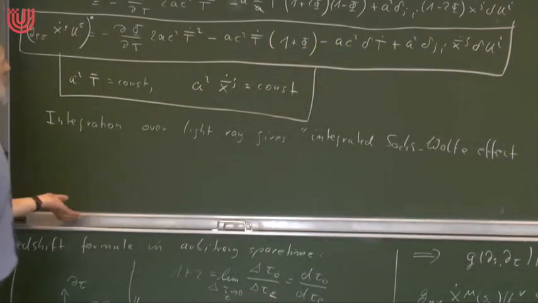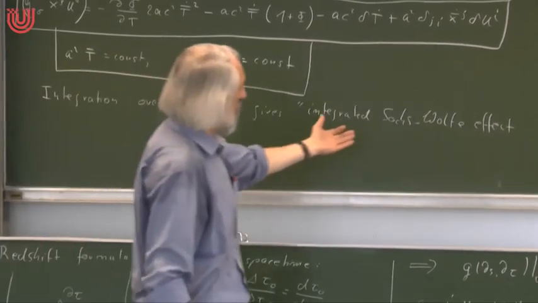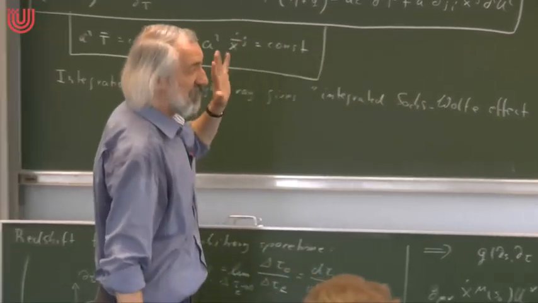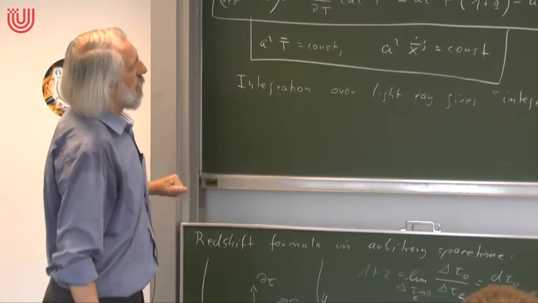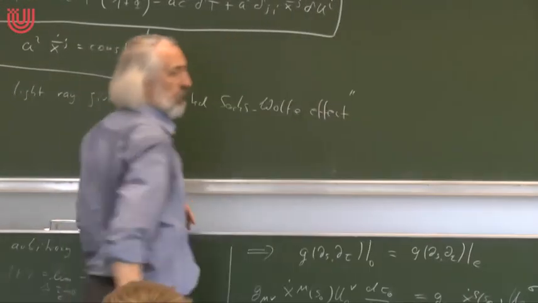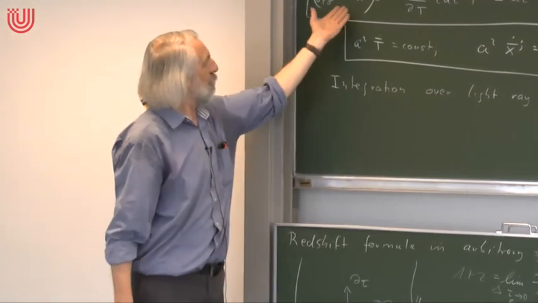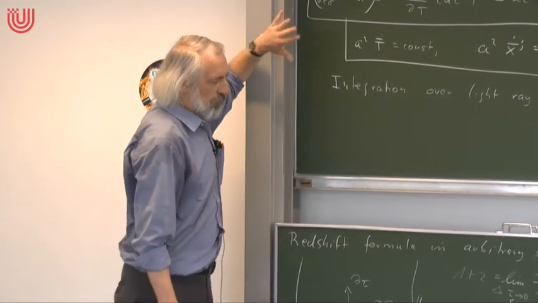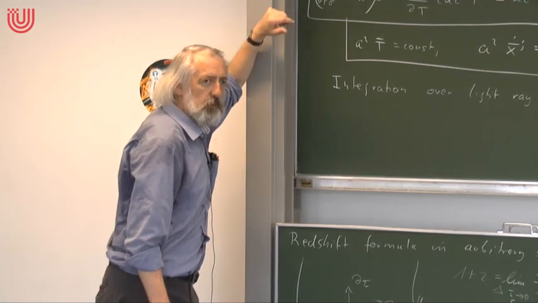So this calculation was done for the first time by Rainer Sachs and Arthur Wolfe in 1967, I think, 67 or 68. And well, this is really one of the most fundamental papers in cosmology, because it allows to calculate how perturbations in the space-time geometry produce perturbations in the cosmic background radiation.